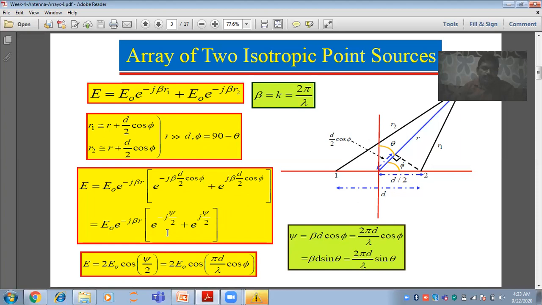We have seen that e power minus j theta plus e power j theta by 2 equals cos theta, so this can be simplified to 2 cos of psi by 2. Already there is E naught, so 2 E naught cos psi by 2. What is psi? Psi is beta d cos phi. If you replace psi by beta d cos phi, and beta equal to 2 pi by lambda, that is reduced to pi d by lambda into cos phi.